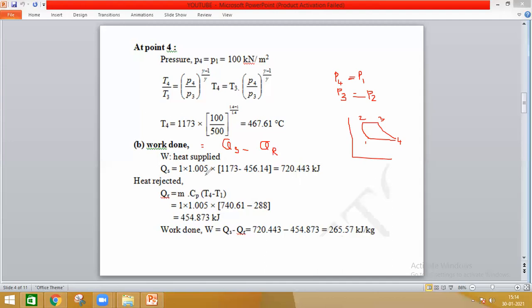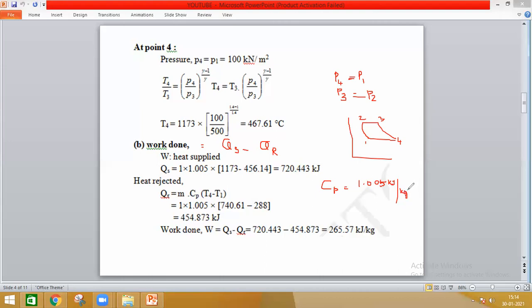Now heat supplied is equal to M into Cp. Cp means specific heat of air at constant pressure.